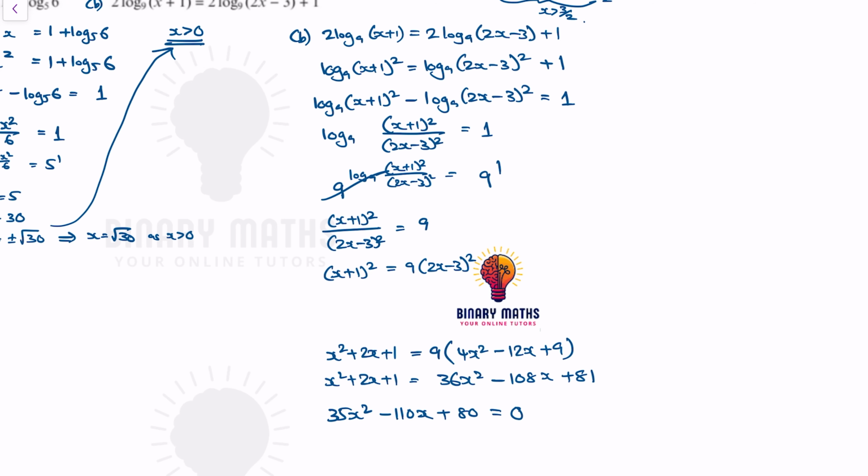I can see a factor of 5 going throughout. So if I divide by 5, I get 7x squared take away 22x plus 16 is equal to 0. I can factorize this as 7x and x.